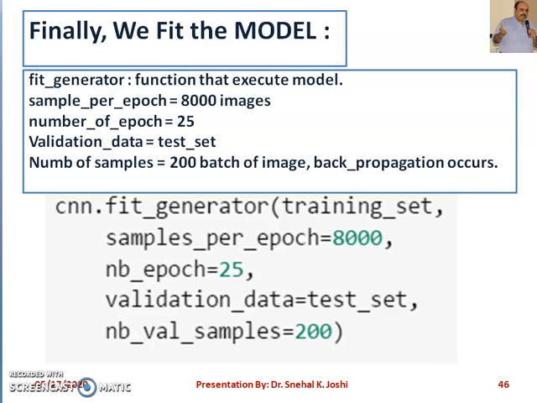We will train the model for 25 epochs, and for the purpose of validation, we are using a test dataset that contains 2000 images. For every 200 passes of images, the backpropagation will work and it will update and train the weights of the model. So we have given the number of steps per epoch as 200.